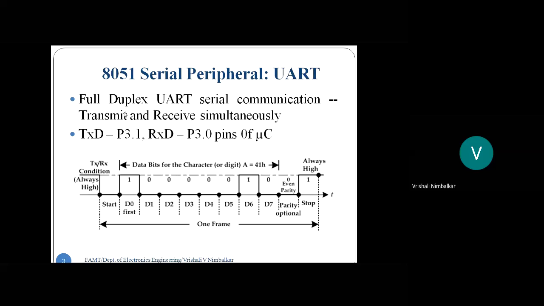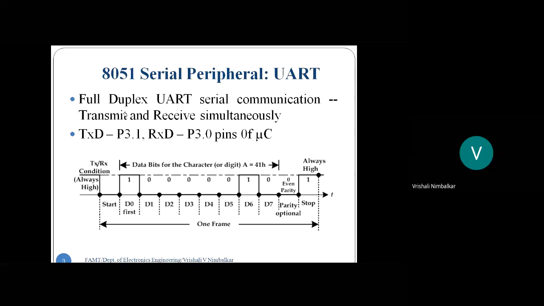That is called simplex. Half duplex communication is where, with one initialization, the device will start receiving the data, and if we change the initialization, the device will start transmitting the data. One at a time. Is that okay? So that is called half duplex, like your walkie-talkie.